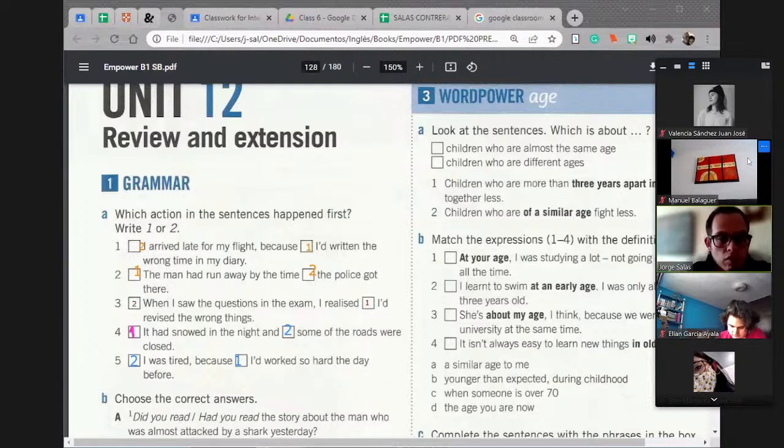Okay, chronologically speaking, if we look at the first one, I've written the wrong time in my diary. Remember, with a past perfect like this, it can be the reason and the result. The result will be past simple because it's closer to the present, and the reason will be past perfect because it's further away from the present.